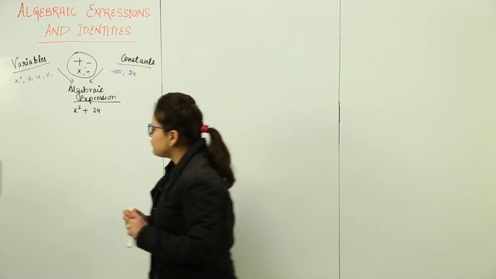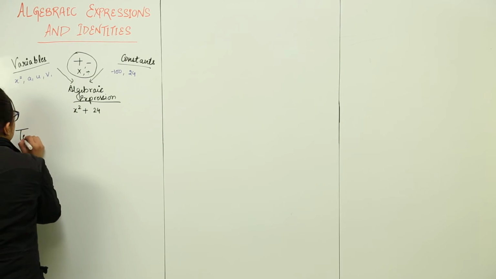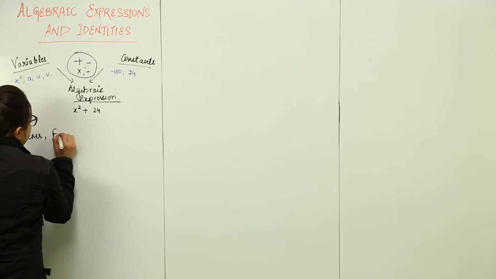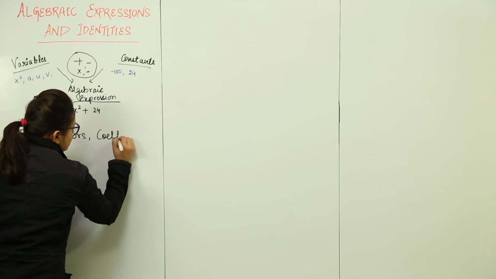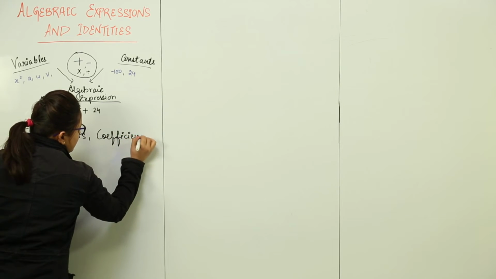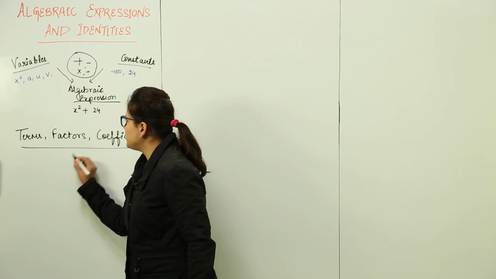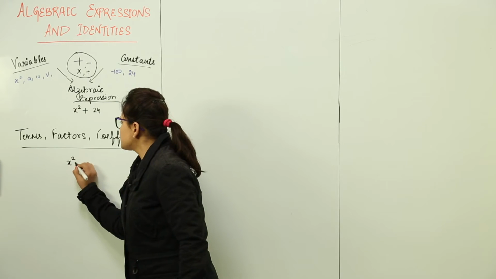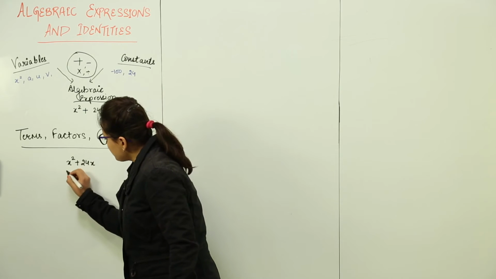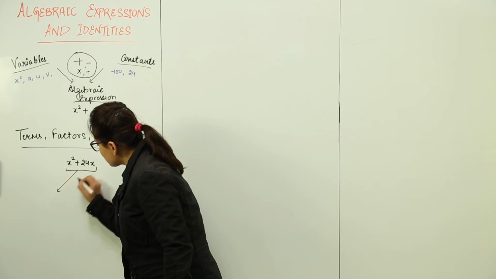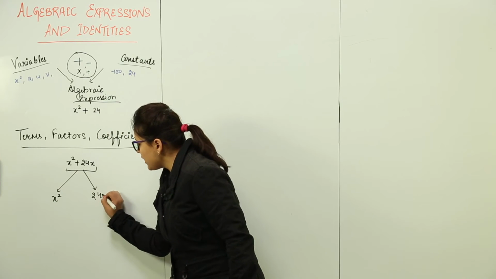Now I will be discussing a few more terms that you will be coming across. For example, we have terms, factors and coefficients. What is the difference between all of them? I will take a small example first, and then explain these with the help of that example. Let us take x square plus 24x. This consists of two things, that is x square and 24x.